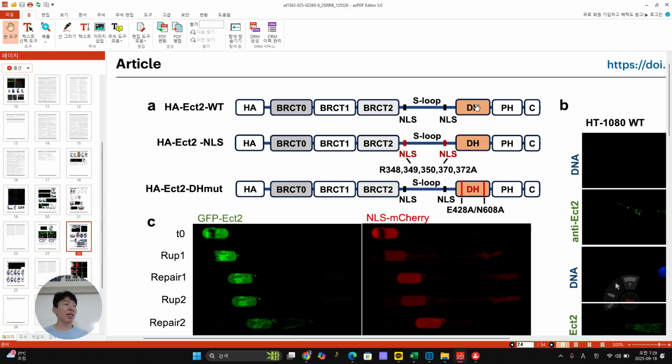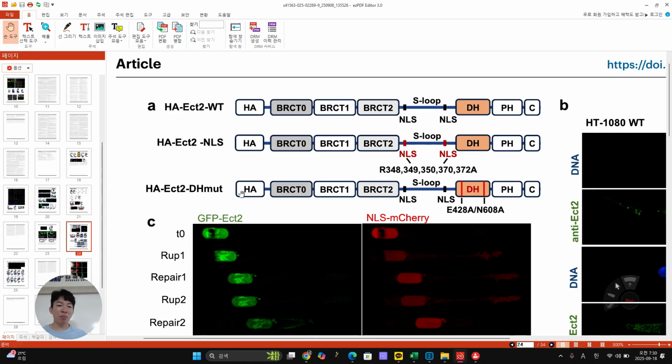This domain is needed to bind with RhoA GDP and phosphorylate GDP to GTP. The NLS here is the black color. So when they cut down the NLS, they remove this NLS part. In the DH mutant, they cut down this DH domain here. So they are making plasmids like this.